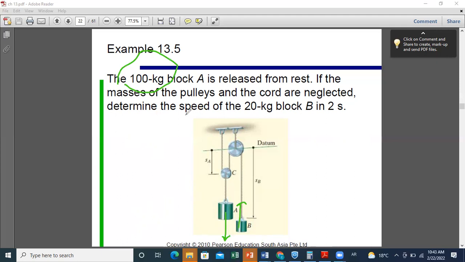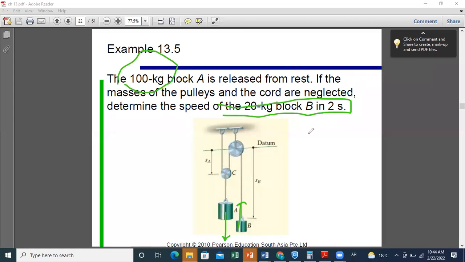In this problem, they want you to determine the speed of block B in 2 seconds. You know that in chapter 12, they would give us, for example, the speed of one block and we would find the other by relating them. But here they didn't give us any velocity. They just told us to find the velocity of B in 2 seconds, knowing that the system is released from rest.